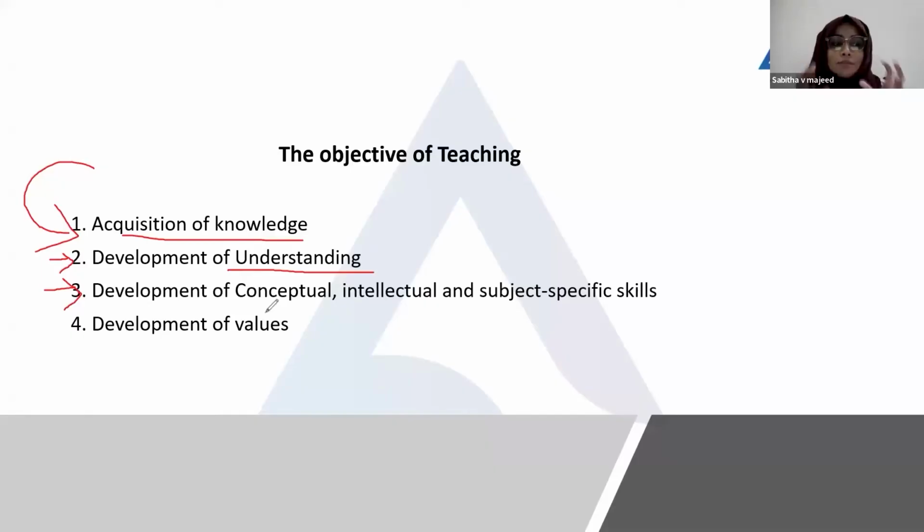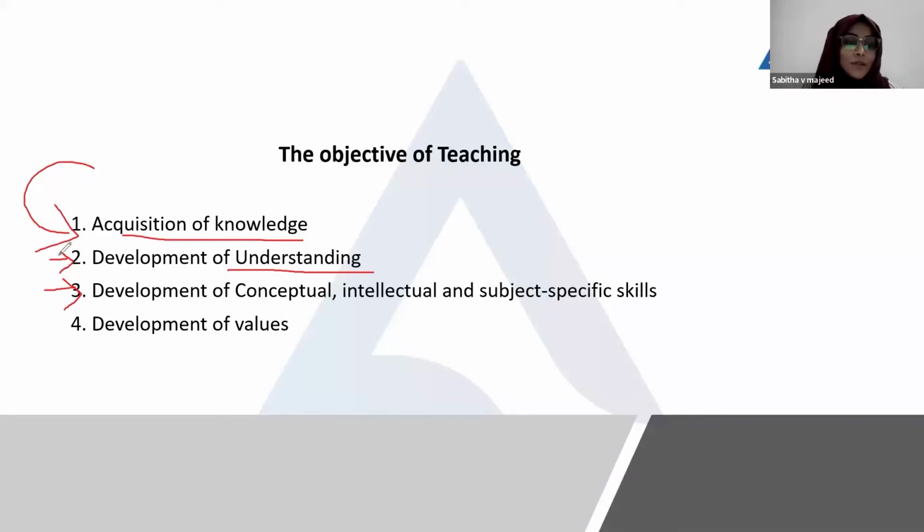So the goal of teaching can't be confined only to textbook skills or intellectual skills. We have to understand that.